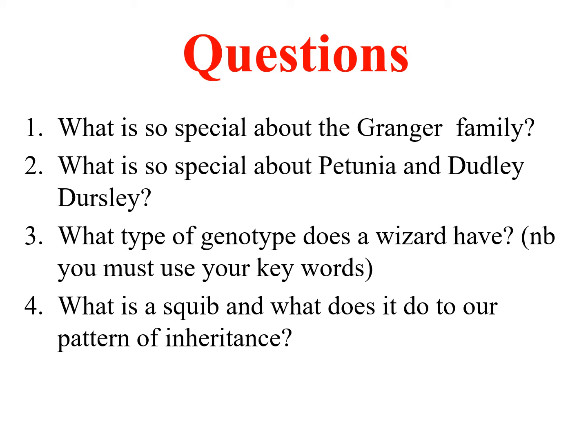Question number 4 is for Harry Potter fans. What is a squib and what does it do to the pattern of inheritance? Somewhere along the series of books, J.K. Rowling decided that we should bring in what's called a squib. And a squib is where you had 2 wizards and the offspring is not a wizard.